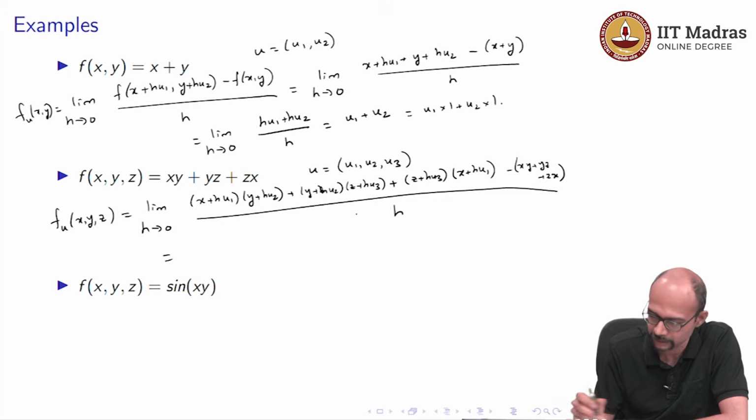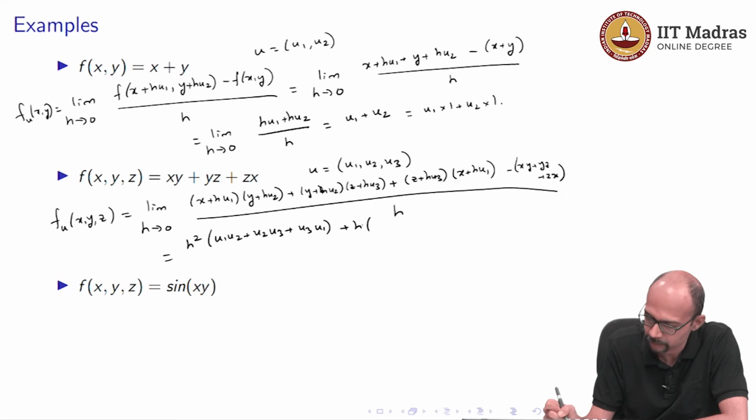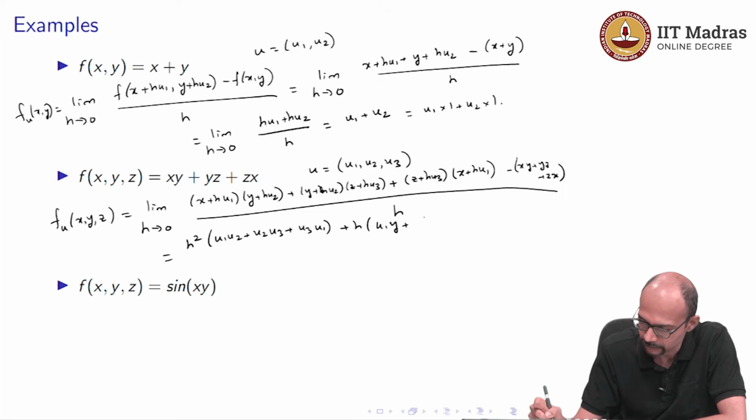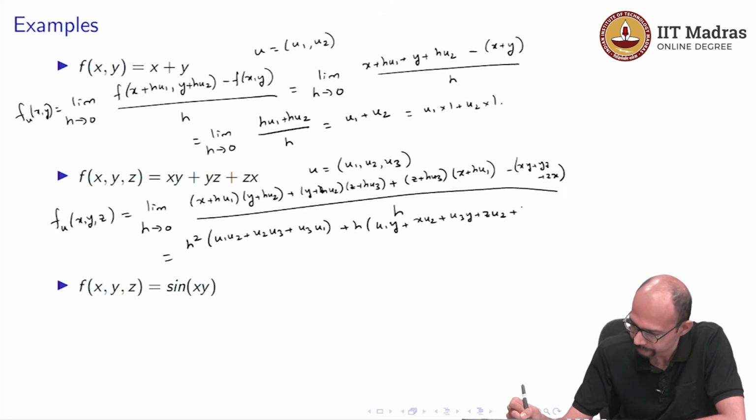So, when you divide by h, okay, so let us write that down. So, h squared times u1 u2 plus u2 u3 plus u3 u1, and then plus h times u1 times y plus x times u2 plus u3 times y plus z times u2 plus z times u1 plus x times u3.